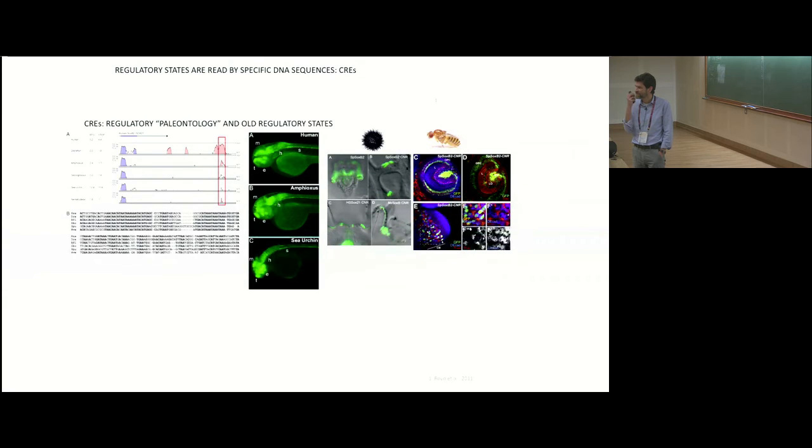Yeah, we find these regulatory sequences and we find that it works in the fly, but it's not there in the fly. So can we find on the evolutionary chart some place where the fly was different from these three, or is it just completely coincidental?